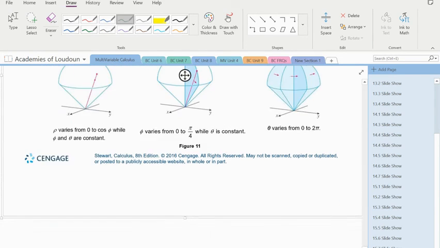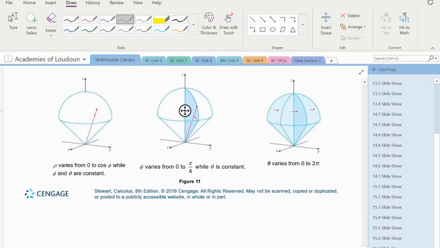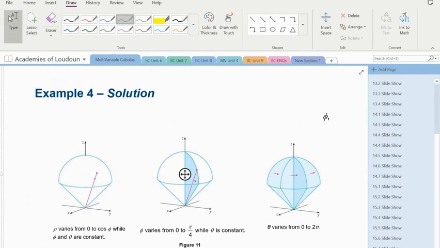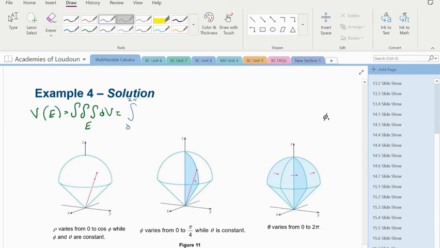So then we have the equation that the volume of E is going to be given by the triple integral over E of dV, which is then going to be given from 0 to 2 pi, 0 to pi over 4, 0 to cosine phi of rho squared sine phi d rho, d phi, and d theta.